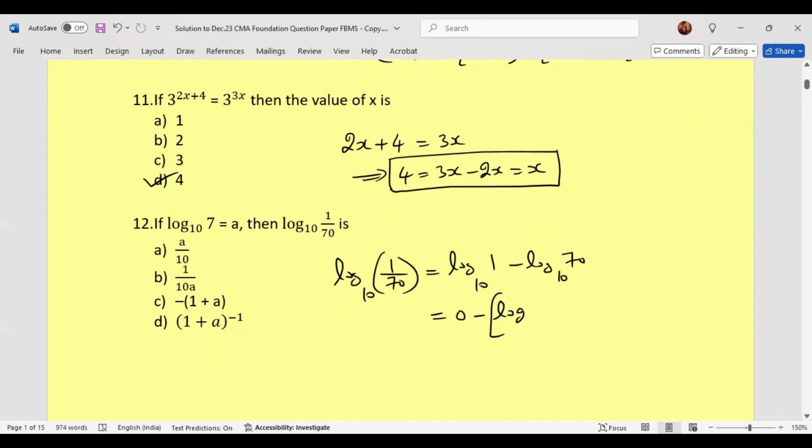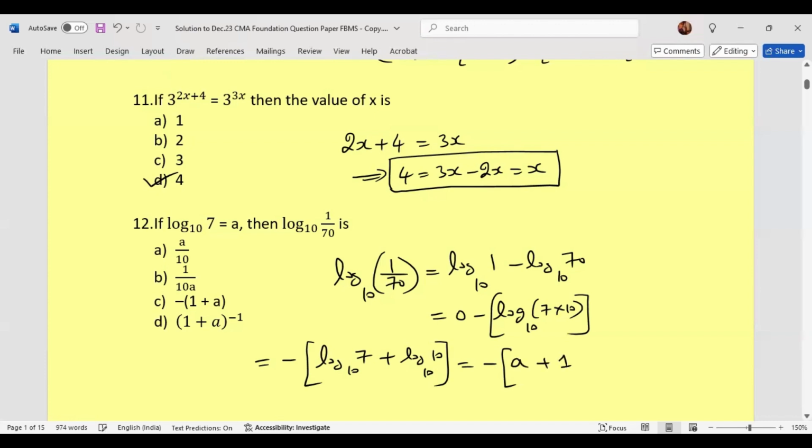Logarithm of 70 can be written as 7 into 10 to the base 10. That can be further written as negative logarithm of, this is like log AB, which is log A plus log B. So that is negative logarithm of 7 to the base 10, which is already given as A, plus log 10 to the base 10, which is 1. So it is 1 plus A. Outside there is a minus. So the option is C.